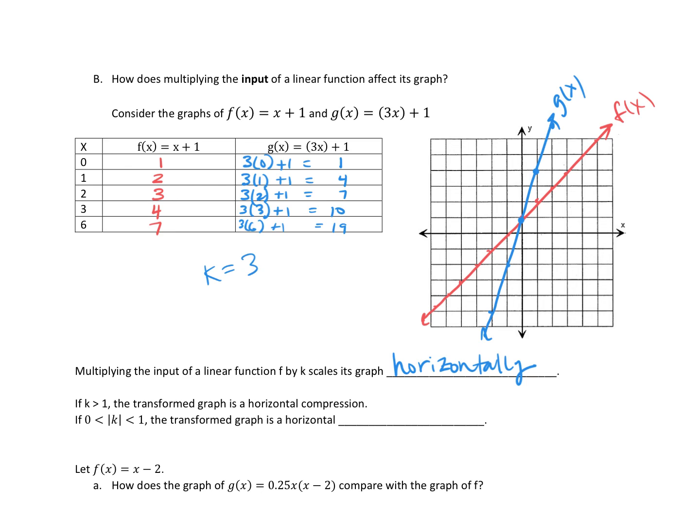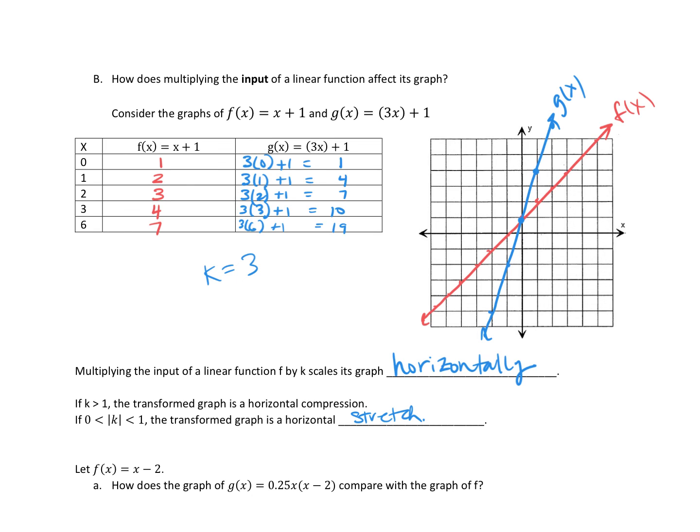That's what we multiplied everything by. This is considered a horizontal compression. Horizontally, it got compressed, so that made it look like it had a steeper slope. Kind of the opposite of what we just saw. If the absolute value of k is between 0 and 1, the transformed graph would be a horizontal stretch.